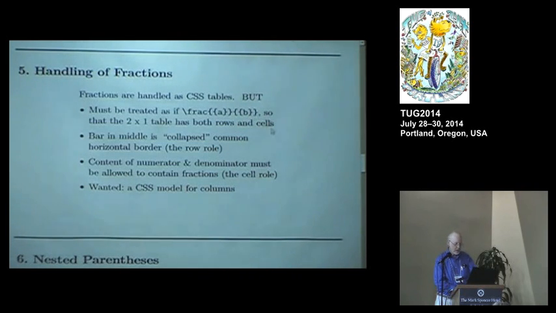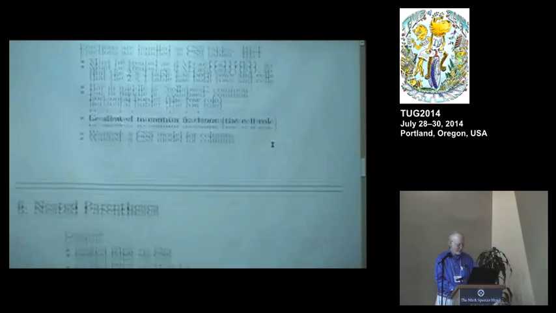So the bar in the middle of a fraction is the collapsed common border for the bottom of the numerator and the top of the denominator. And because you're doing that collapsing, you need those to be the same width, and table rows will do that for you. On the other hand, if there was a stage where I was trying to pass these things off as just table cells without table rows, then the borders didn't work. So, I wanted a CSS model for columns.